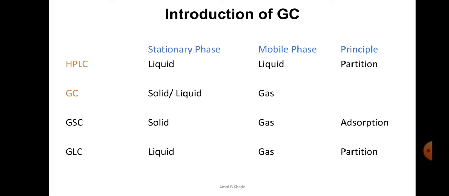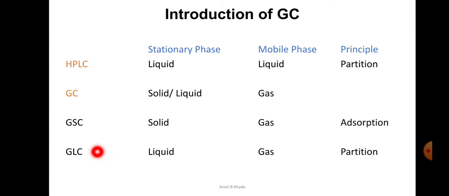The first type is GSC, that is called gas solid chromatography. In gas solid chromatography, the stationary phase is solid and the mobile phase is gas. Because of this, the principle of separation of our components is based on the adsorption phenomenon.